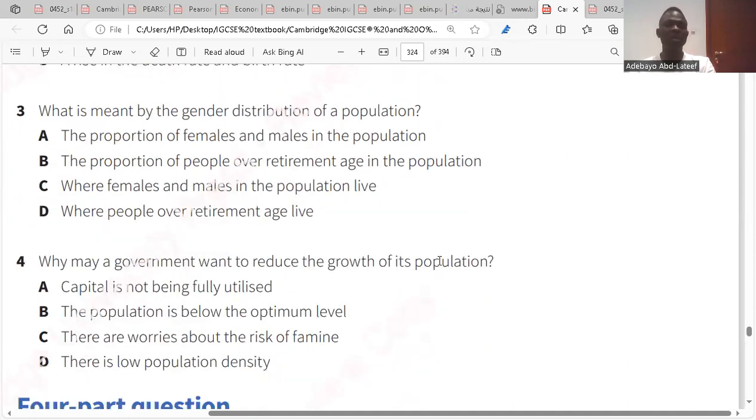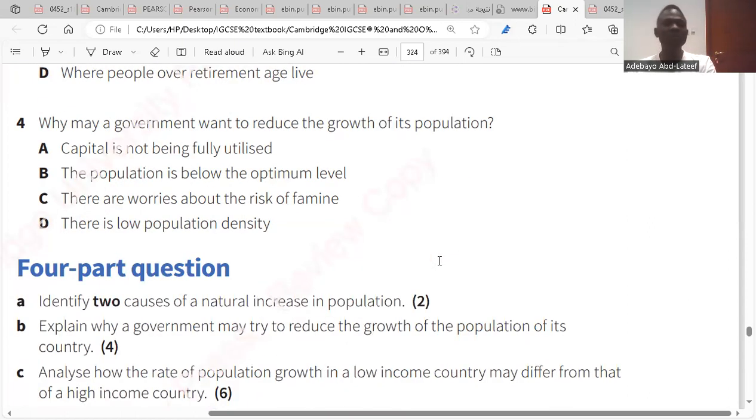B. Question 3. What is meant by the gender distribution of the population? A. The proportion of females and males in the population. Okay, A. Question 4.